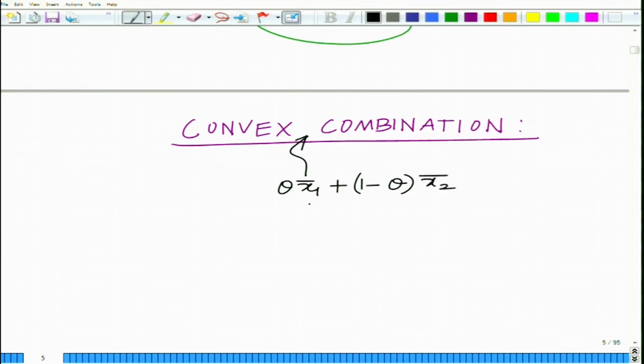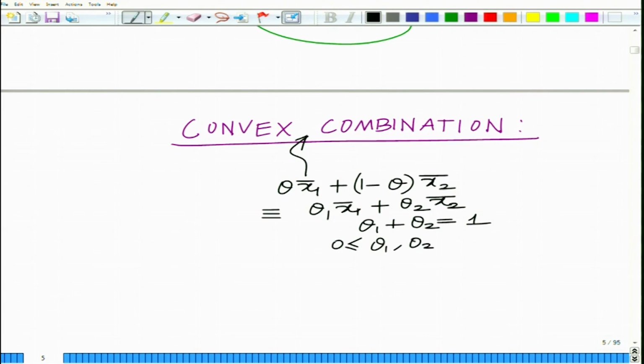Consider this combination, I can equivalently represent this as theta 1 times x1 bar plus theta 2 times x2 bar, but they have to satisfy the property that theta 1 plus theta 2 equals 1, because we have theta and 1 minus theta, and theta lies between 0 and 1, which means 0 less than or equal to theta 1, theta 2 less than or equal to 1.